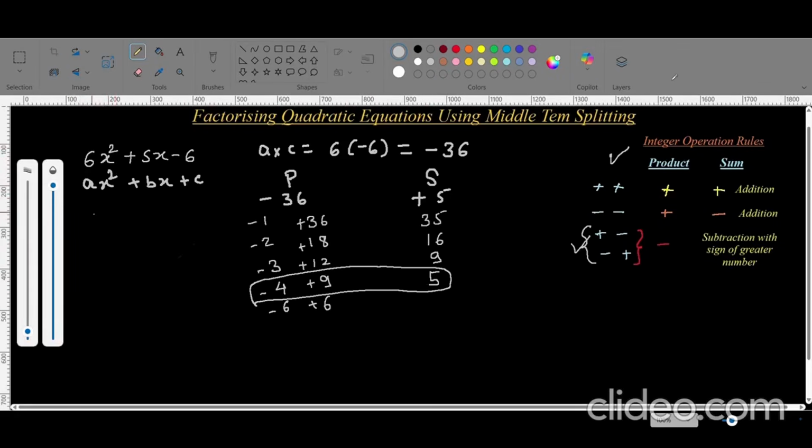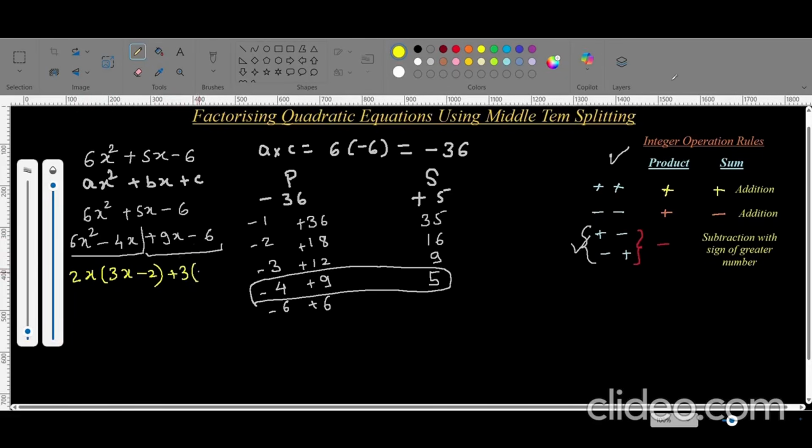Now, coming back to the given quadratic, we can say 6x squared plus 5x minus 6 can be rewritten as 6x squared minus 4x plus 9x minus 6. Okay, now further we group them into two. Let's take the highest common factor. In this, 2x is the highest common factor. I'll take 2x common, it gives 3x minus 2, and I'll take plus 3 common.